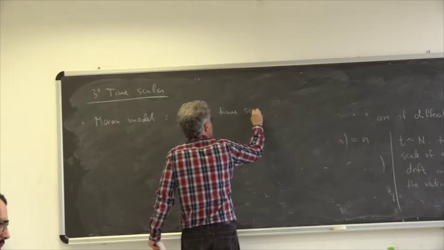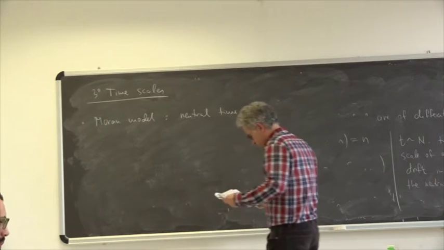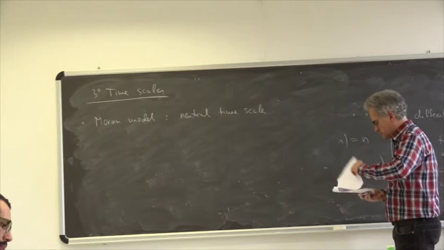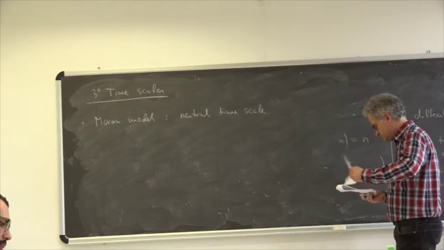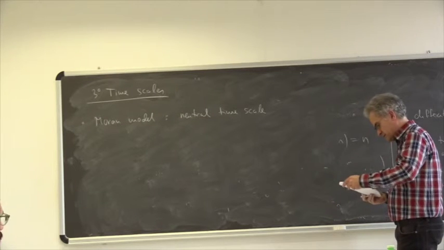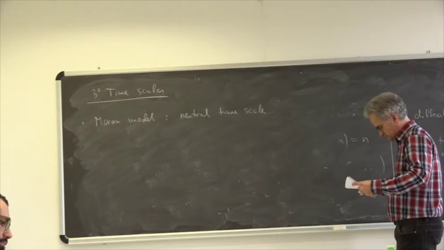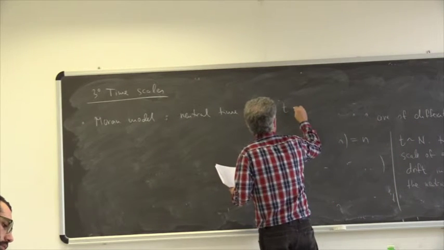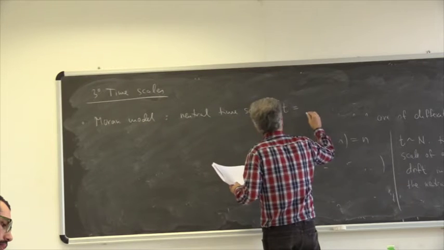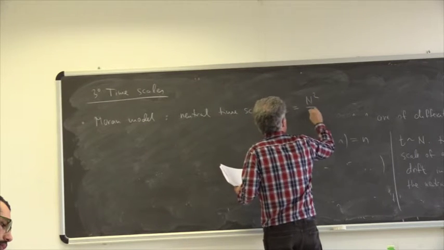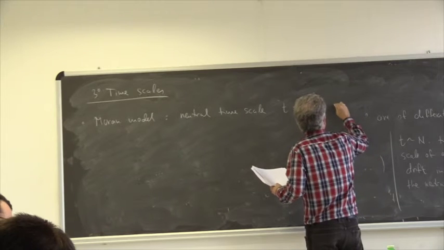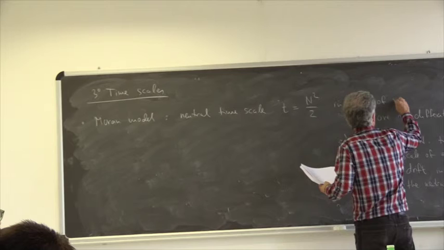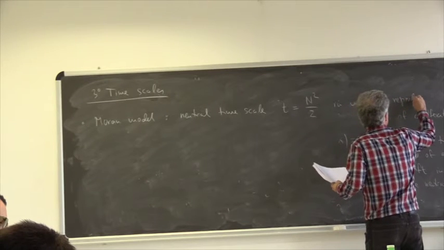But there's also a factor of 2, which always causes some confusion in the literature. So let me mention that here. The time scale is t equal to n squared over 2 in units of reproduction events.